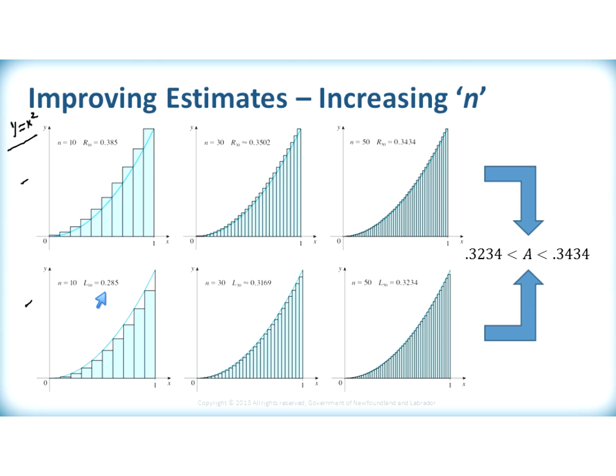Now we're going to try to improve our estimate by increasing the number of rectangles. There's good and bad about that, but overall it does improve our estimate. When I increase the number of rectangles from 10 to 30, you're getting more little areas.